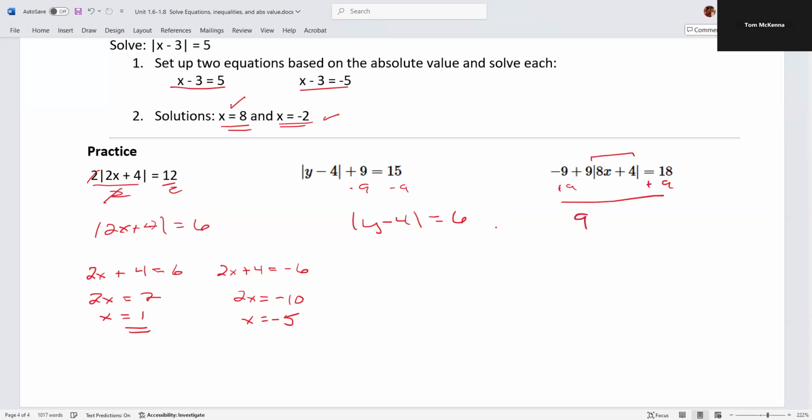That results in 9 times the absolute value of 8x plus 4 is equal to 27. And then we want to get rid of the 9 outside the absolute value by dividing both sides by 9. That results in the absolute value of 8x plus 4 is equal to 3. And then set up your two equations and solve. Okay, pretty simple.